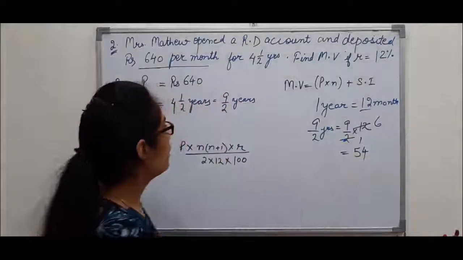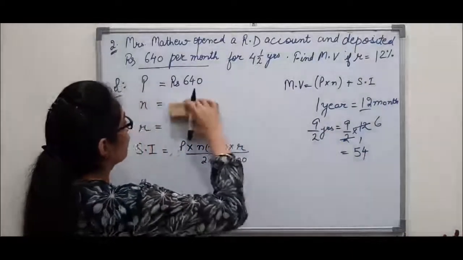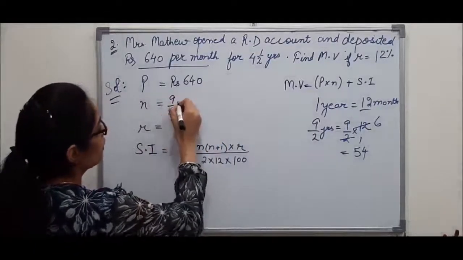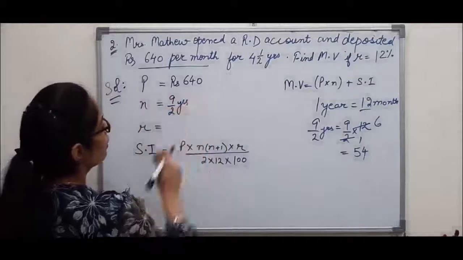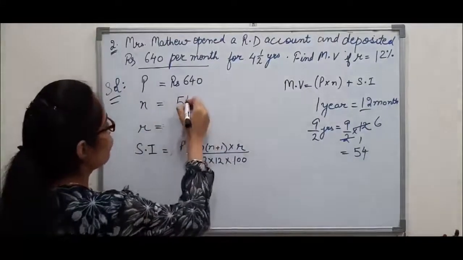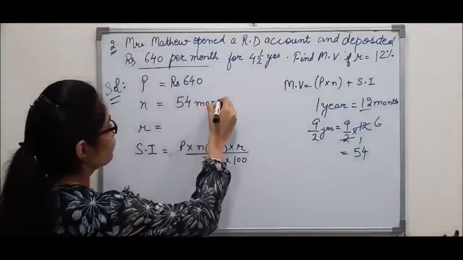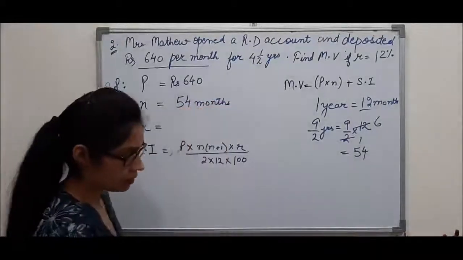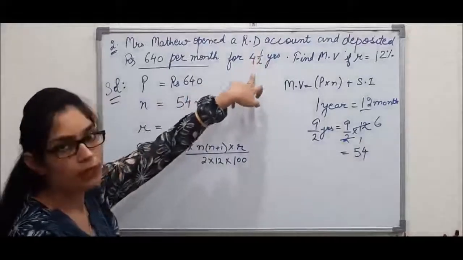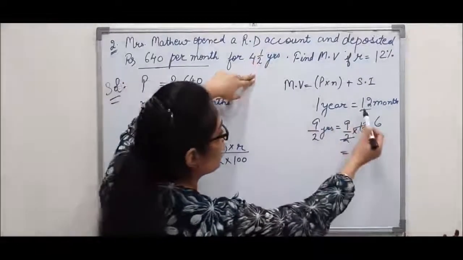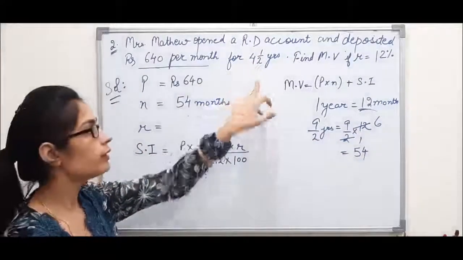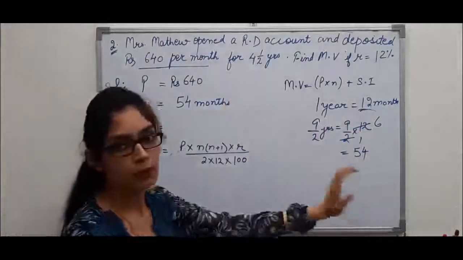Which means if I calculate N in months, it will be 54 months. The time they have given us is 4.5 years. First I have to convert it into months, because we always need months, not years. 1 year is 12 months.